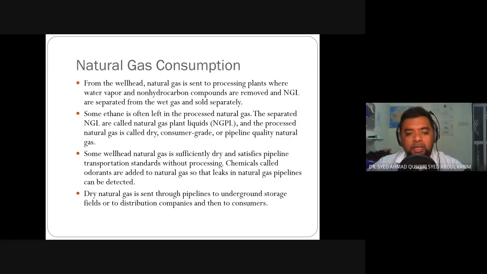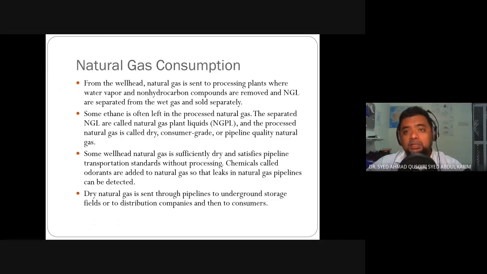However, some wellhead natural gas is sufficiently dry and satisfies pipeline transportation standards without processing. These are very pure natural gases, so they don't require any processing to remove unwanted compounds. Then chemicals or odorants are added to the natural gas so that leaks in natural gas pipelines can be detected.